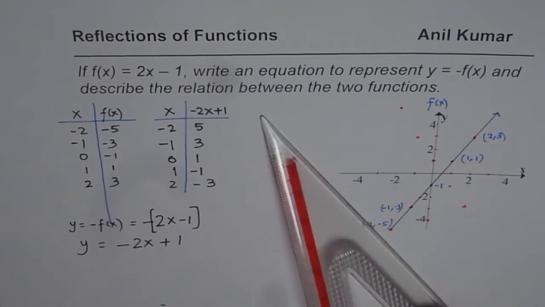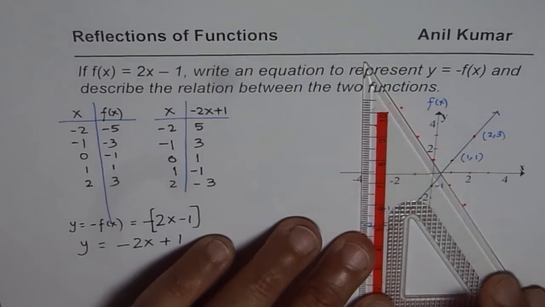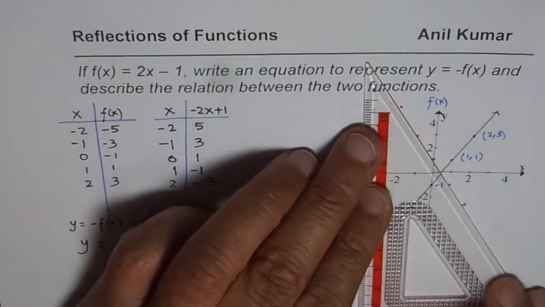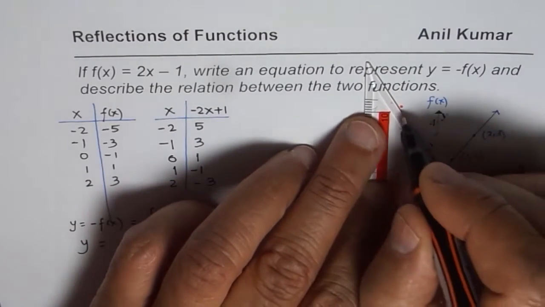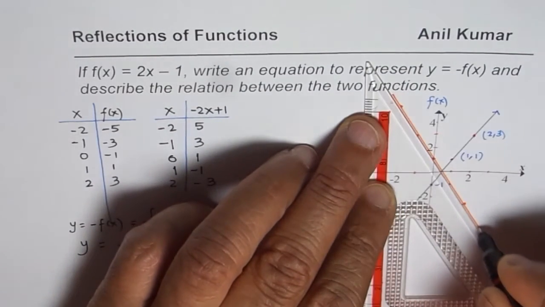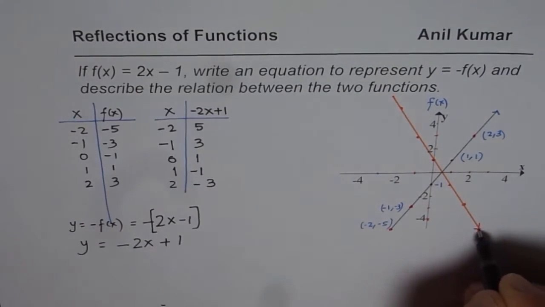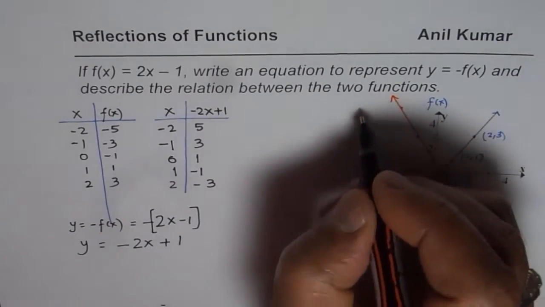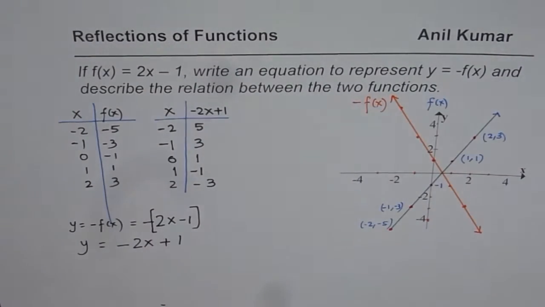Connect these points to get the function minus f of x. Once you connect these points, this is an approximate point here, but we're just connecting them. Okay, so this is the function minus f of x. Is that okay?